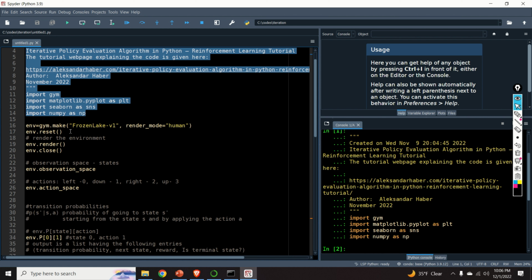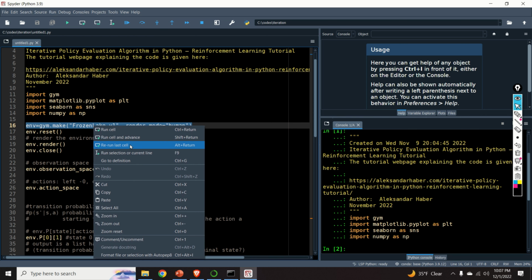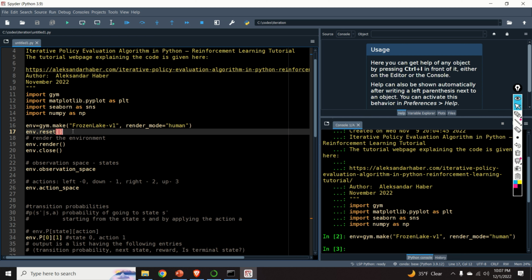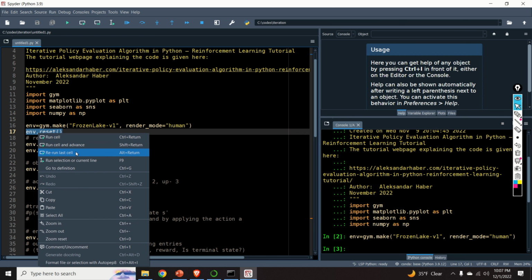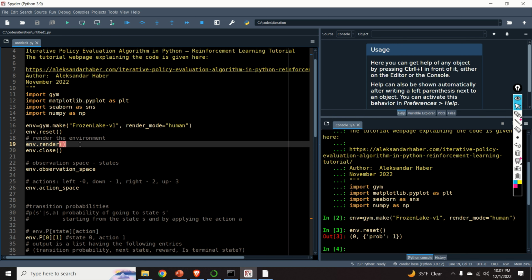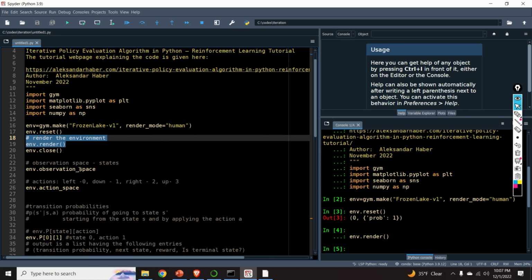Next, let us create our environment. We call the function gym.make, we specify the name of the environment, and we specify the render mode. Let's do that. Nothing happens, of course, because we have to reset the environment. Then we need to render the environment in order to visualize our problem.